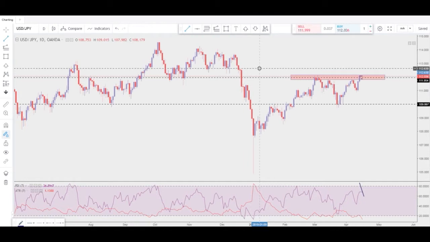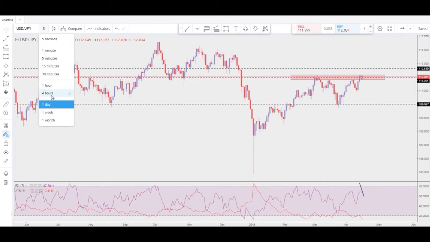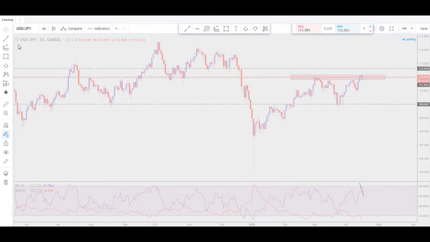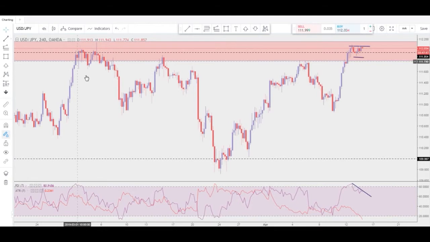If price does create a higher close, breaking structure to the upside, I'll be waiting for a pullback on the 4-hour, so something like this. So if we get a break above, close above, I'll wait for a pullback to ride this up.